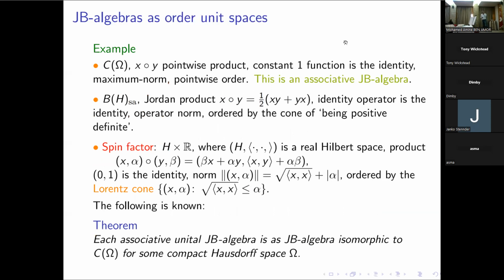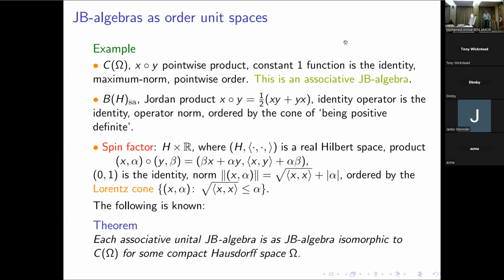Okay, let's have some examples to think of. So these continuous functions with the pointwise product that I discussed, the pointwise order, and then the constant one is the identity, and the order unit norm is then just the maximum norm. And this is a JB algebra, and it's even associative for this pointwise product, so that's as nice as it can be.